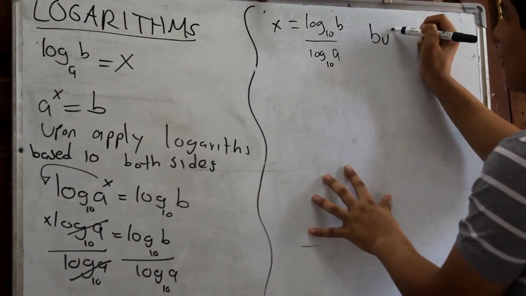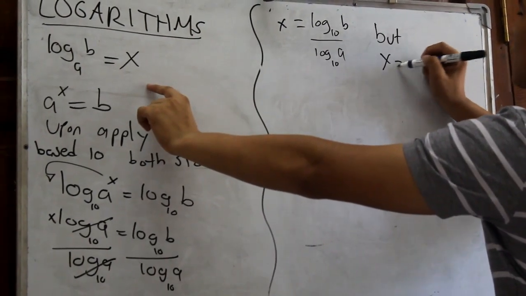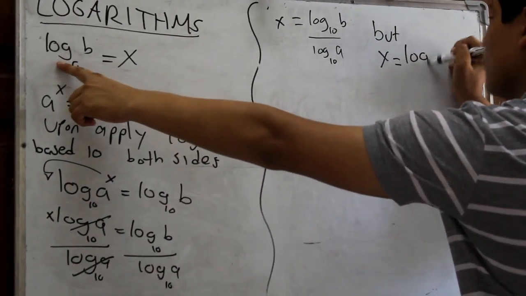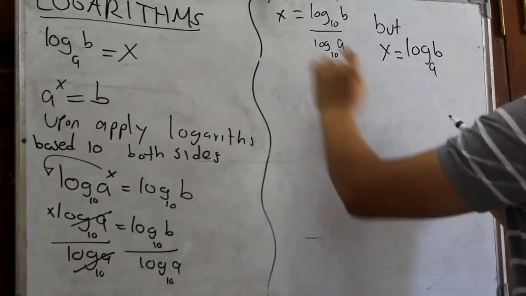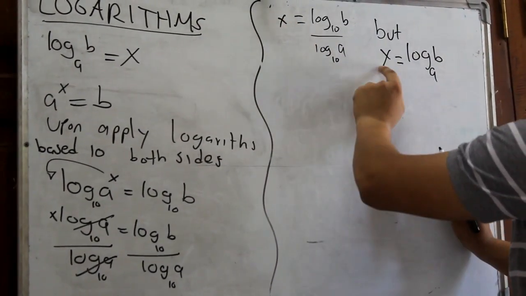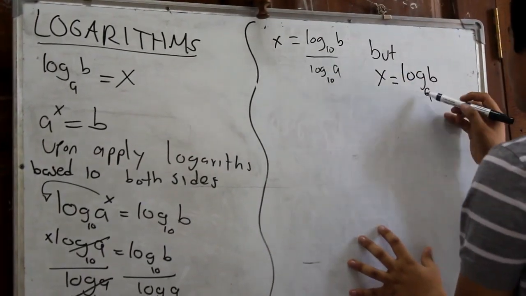But remember, if we come to our equation here, x is equal to logarithm of b base a. Now since this equation is equal to this one, we can equate them.